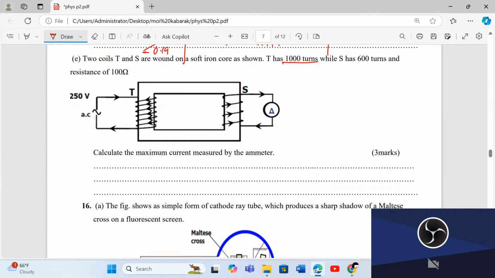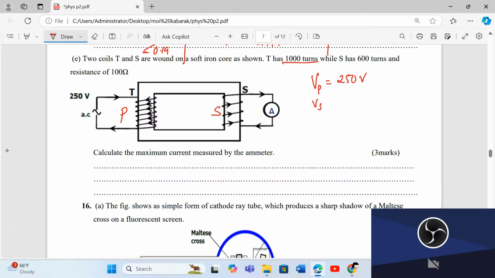So in this case, we can first analyze the question. You can say this is the primary coil and this is the secondary coil. Then V for primary is 250 volts.